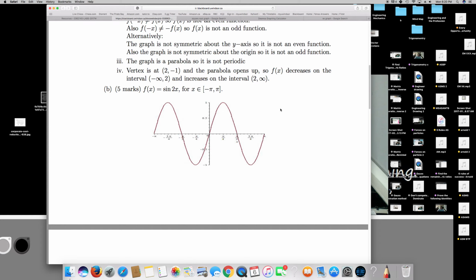Horizontally compressed means that if it's sine 2x, you have to multiply that one by 1 over 2. So if it's sine 5 by 2, it's multiplied by 1 over 2. What is it? 5 over 4. So the value is going to be 1 at 5 over 4.